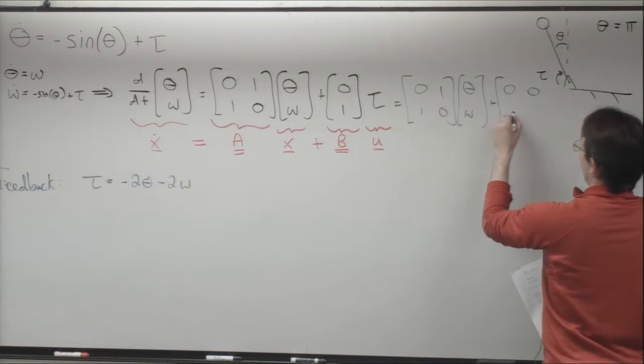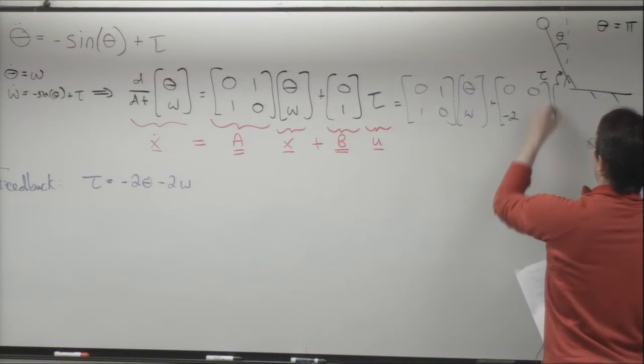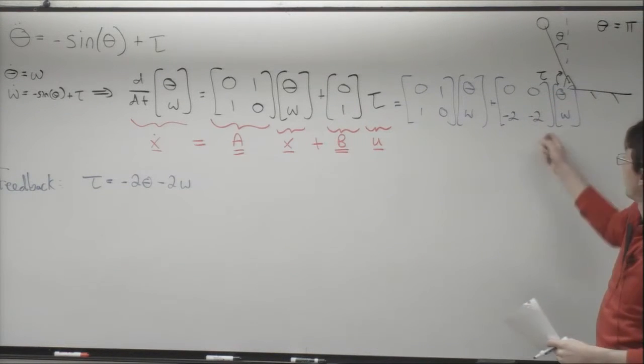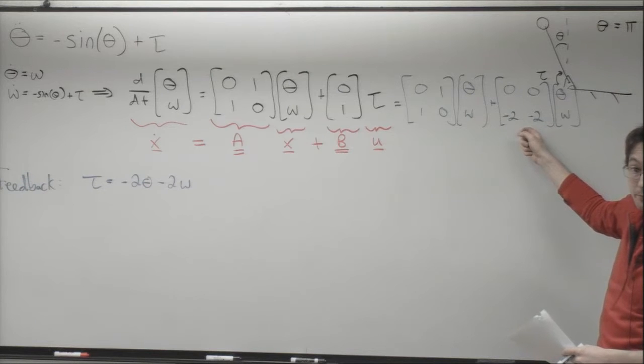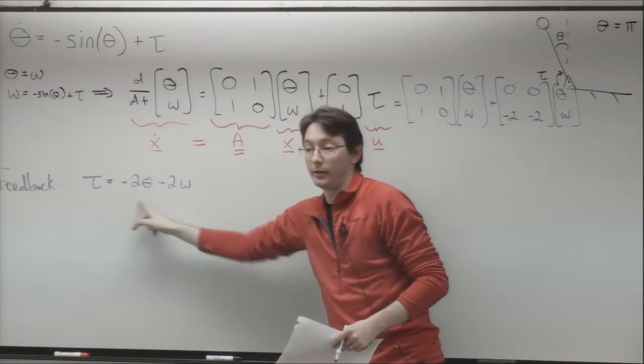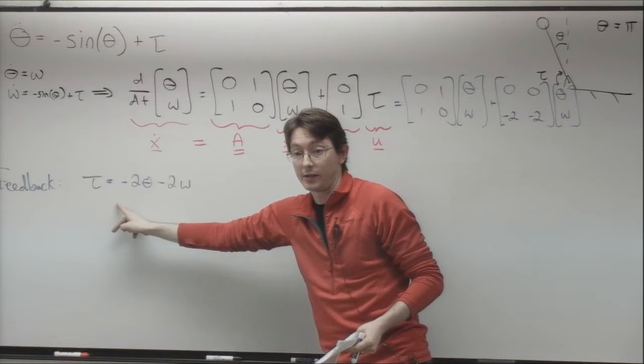So this is like a minus 2 times theta, omega. This is the effect of my forcing tau. I just cooked up this tau. It took me a little while to figure out that this is a really good tau that actually stabilizes the system.